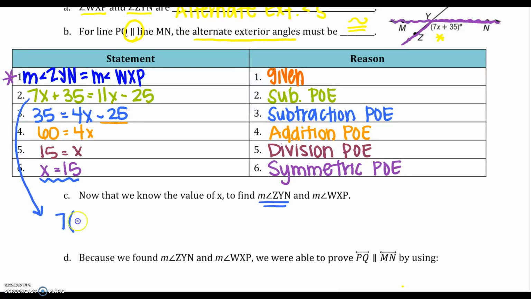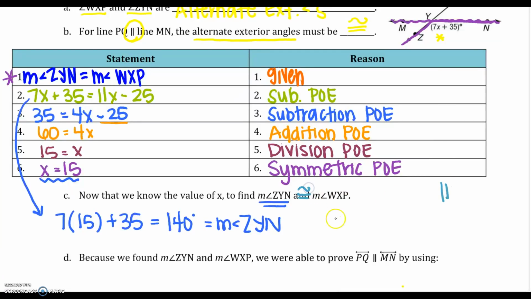So I'm going to say 7 times 15 plus 35 gives me 140 degrees for the measure of angle ZYN. And so my lines are parallel. I need these two to be congruent, so I would also know that the measure of angle WXP is equal to 140 degrees.